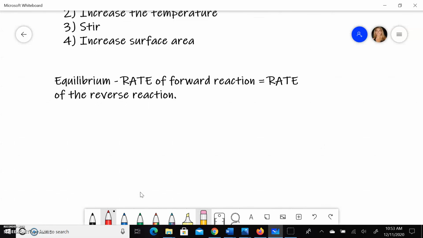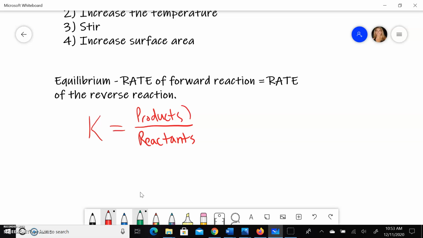So when you're writing the equilibrium expression, what I'm talking about here is that K fraction that we did. Make sure you know that products go on top and reactants go on the bottom. And in the reaction, again, reactants are on the left and products are on the right. You're going to raise these to the power of their coefficients.